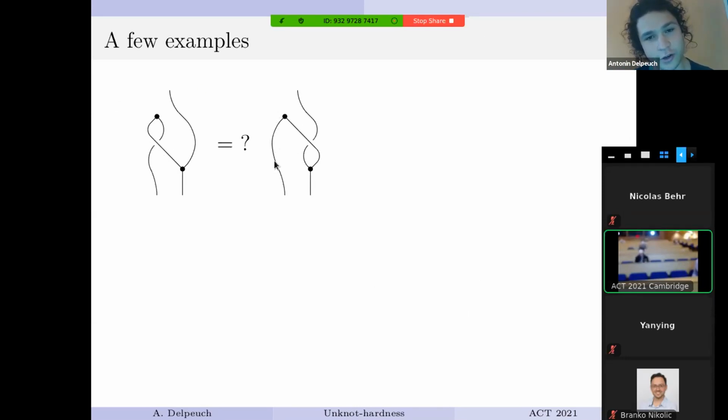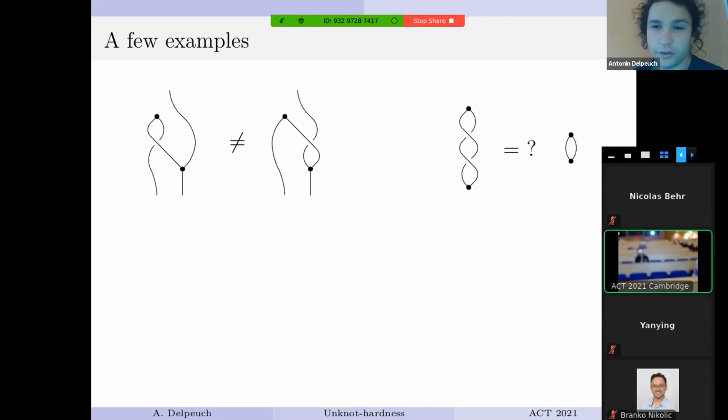So this left leg is now connected to the boundary. And you can convince yourself that this sort of connectedness property, the connectivity of the diagram, is preserved by all these axioms in braided monoidal categories. So that's a way to show that these are not equal, okay?